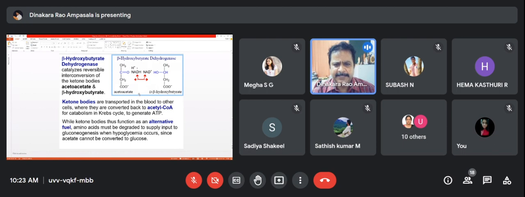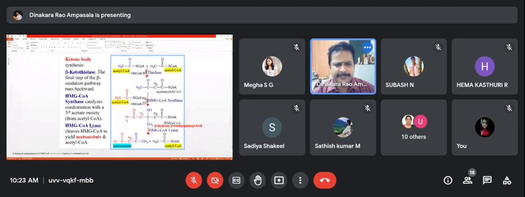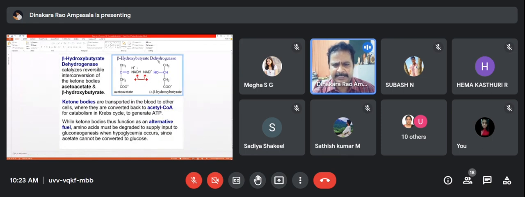By this pathway, if acetyl-CoA does not enter into Krebs cycle, these acetyl-CoA molecules enter into the ketone bodies synthesis pathway in the presence of thiolase, HMG-CoA synthase, and HMG-CoA lyase, which cleaves to acetoacetate, and acetoacetate in the presence of beta hydroxybutyrate dehydrogenase is converted to beta hydroxybutyrate.